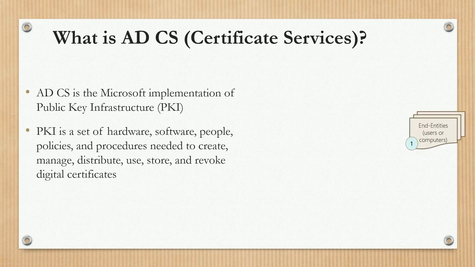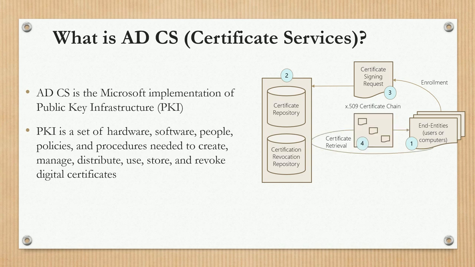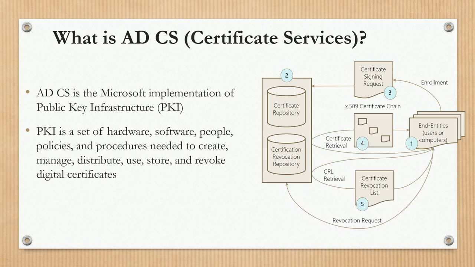So the flow is: entities, users and computers, go to the certificate repository and the certificate revocation repository, then to the certificate signing request, then to the certificate retrieval, and then to the certificate revocation list if you want to revoke that certificate. That's how the certificate services will work. I will explain the certificate services in depth in a coming video.